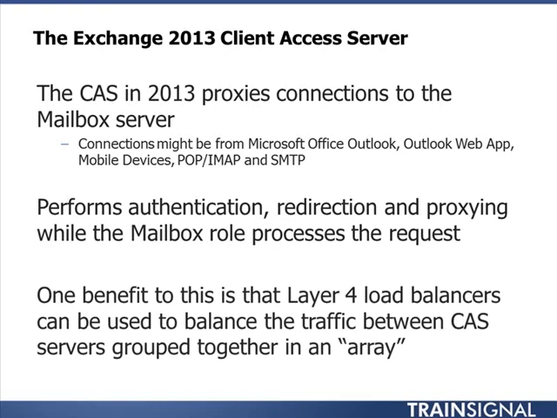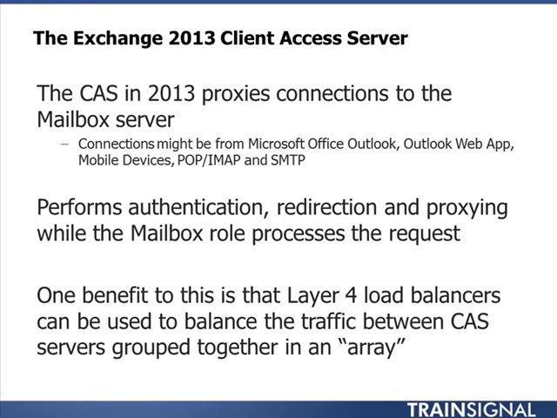Now, one benefit to this change is that Layer 4 load balancers can be used to balance the traffic between CAS servers grouped together in an array. Why is that important to note? Well, if you're establishing larger organizations, with Exchange 2010 or 2007 we would have to make sure that our load balancer allowed for Layer 7 load balancing, and so this was a little bit more expensive.